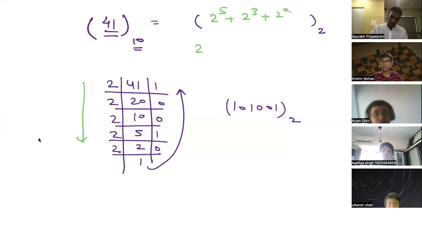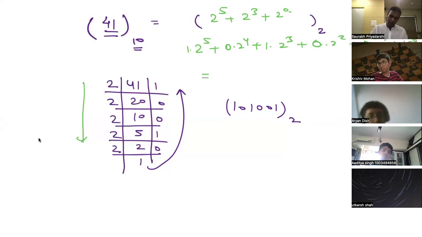So I'm writing 1 into 2 to the power 5, plus 0 into 2 to the power 4, plus 1 into 2 to the power 3, plus 0 into 2 squared, plus 0 into 2 to the power 1, plus 1 into 2 to the power 0. So this number is 101001 with base 2. Now you can write it both ways. Please note this down.